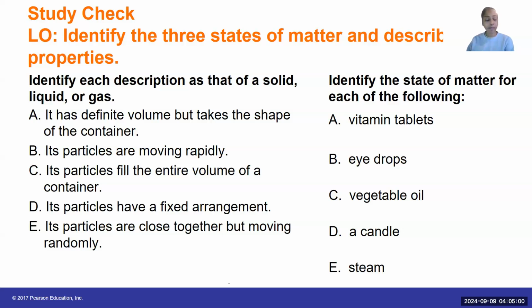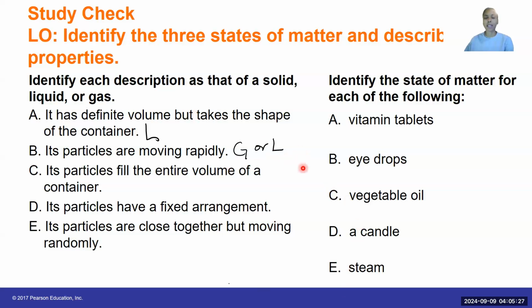Are you ready? Okay. Letter A, it has a definite volume, but it takes the shape of the container. Is that a gas or a liquid? You're right, it's a liquid. Its particles are moving rapidly. Well, gas particles move really rapidly, and depending on how much energy there is in a liquid, it can move rapidly as well.